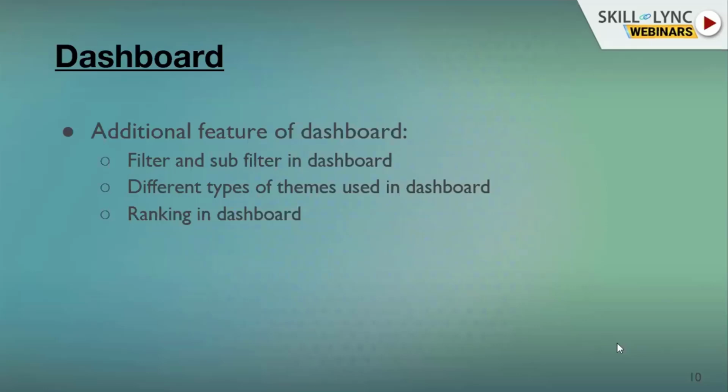Suppose in a report you are getting all the organizational data and you added it to a dashboard. Using the dashboard filter, you can customize it for Cognizant, for Infosys, for TCS, like that, based on your filter requirement and the sub filter as well.